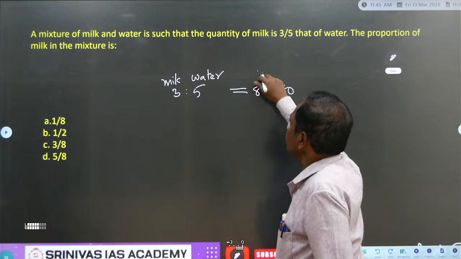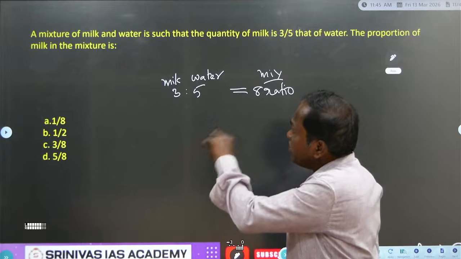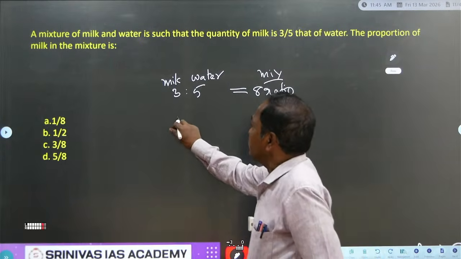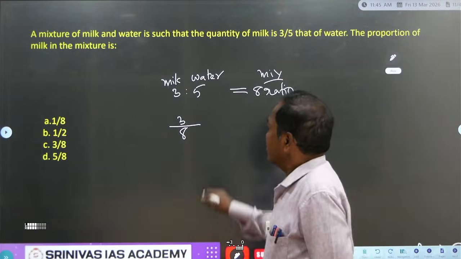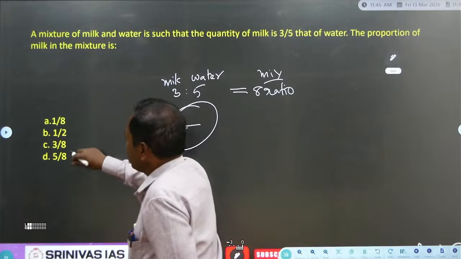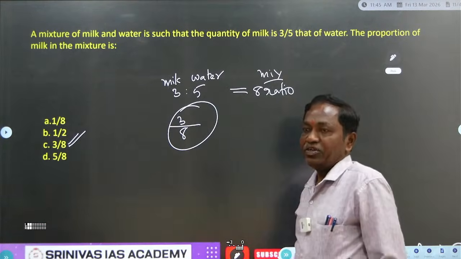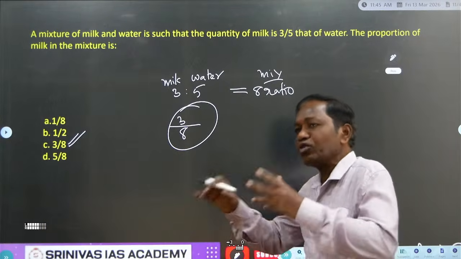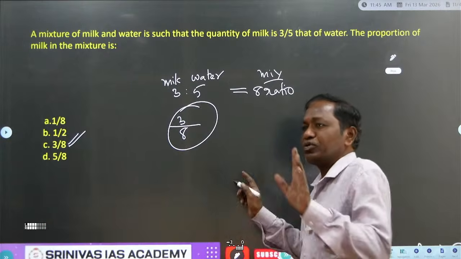This is the mixture. What is the proportion of milk in that mixture? Milk proportion is 3 out of a total of 8. So that is the answer, 3/8, option C. Proportion of milk. But you are taking it against the total quantity. That is the difference between ratio and proportion.